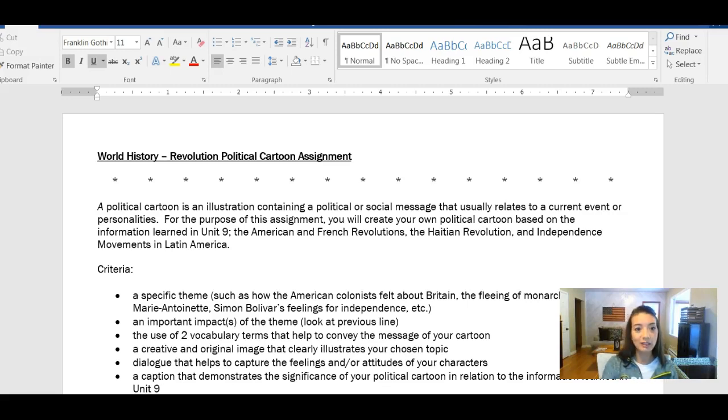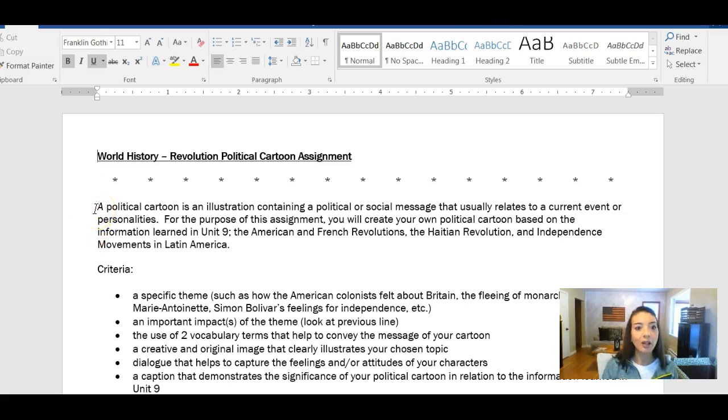Okay. So let's start at the top where it says what a political cartoon is. Now, I know many of you understand what political cartoons are, and you've actually done source analyses about some political cartoons, but we're just going to make sure that everybody's on the same page and start with this paragraph here.